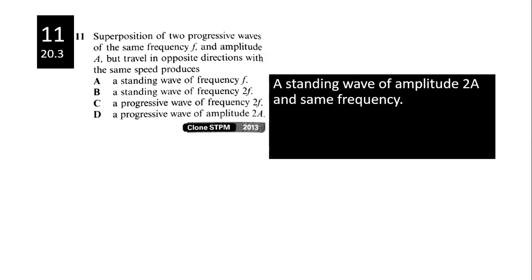Standing wave amplitude will be 2A and same frequency, it doesn't change. Progressive wave each has frequency f. So when they form, it doesn't change the frequency. We just suppose, using the principle of superposition, the frequency stays the same. Right? A. Frequency doesn't change. When the two are in opposite directions, it doesn't become a progressive wave. It becomes a standing wave with amplitude 2A.